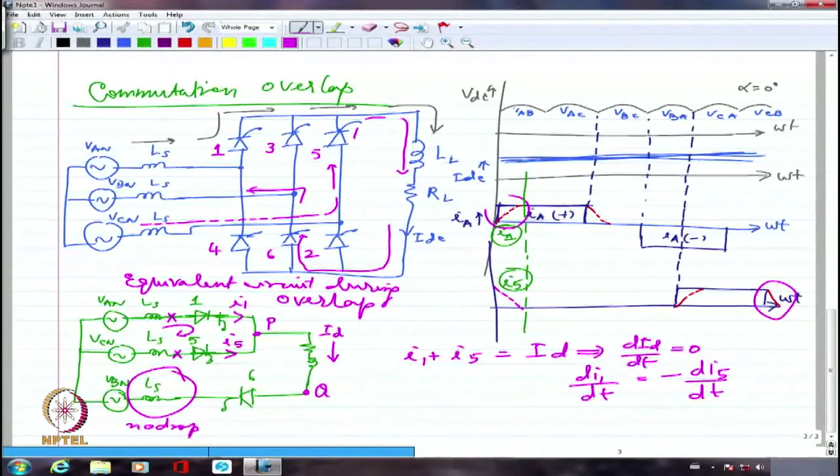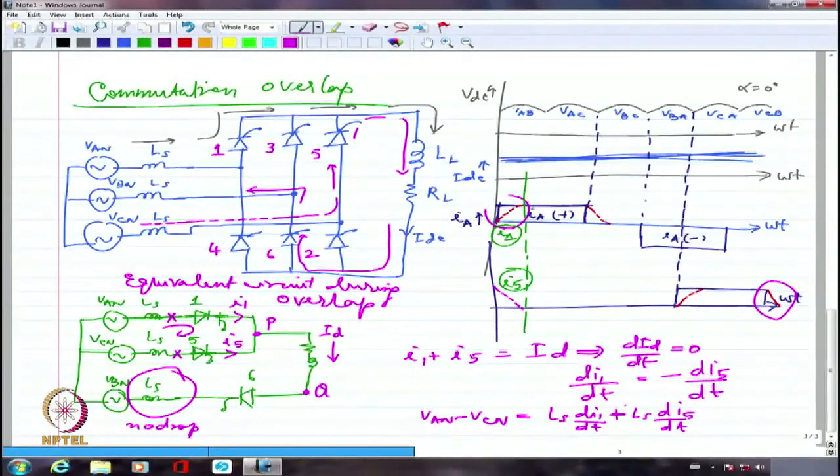The KVL equation for this will be VAN minus VCN equal to LS into di1 by dt plus LS into dI5 by dt, or minus LS into dI5 by dt, because the current is in the opposite direction. I am assuming ideal devices.